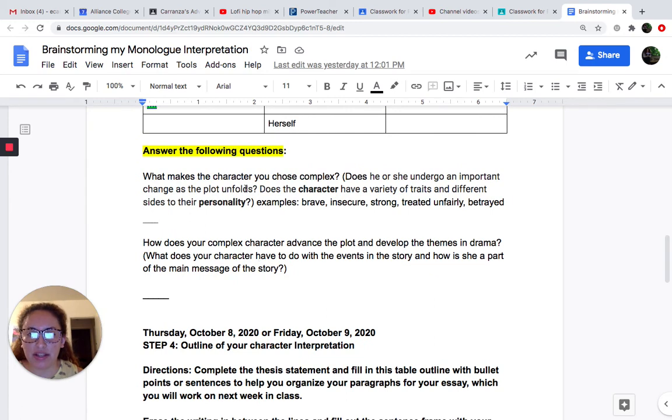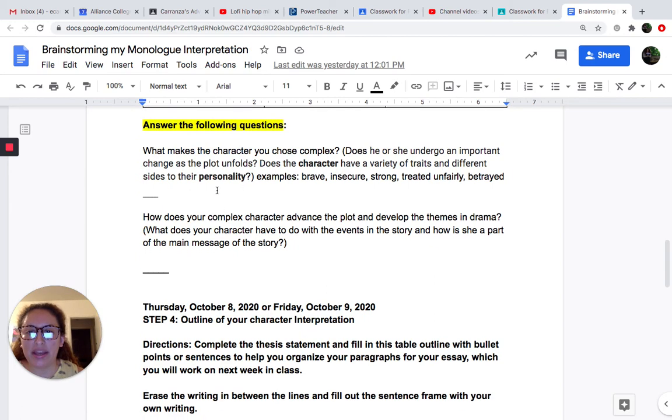Next step is to answer the following questions. What makes the character you chose complex? Does the character undergo an important change as the plot unfolds? So, in other words, does the character have a major change in personality?